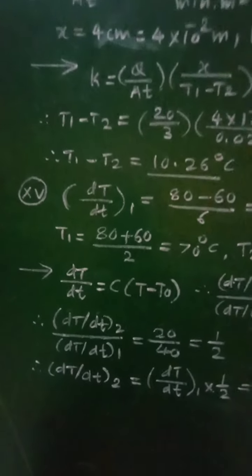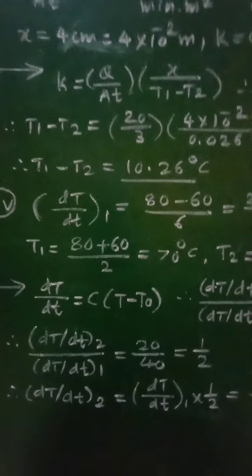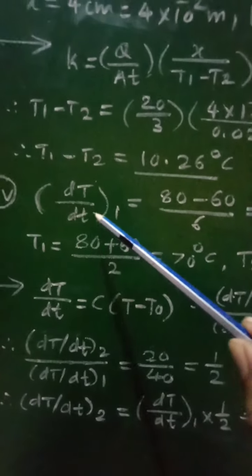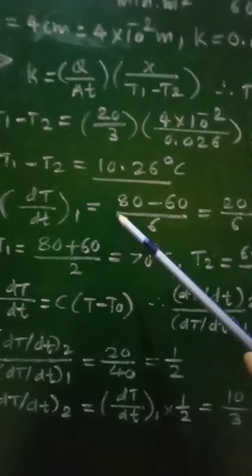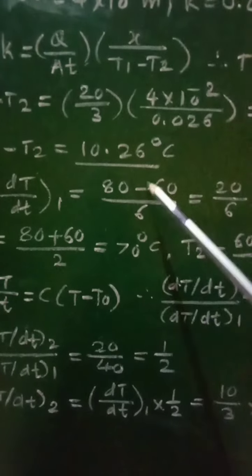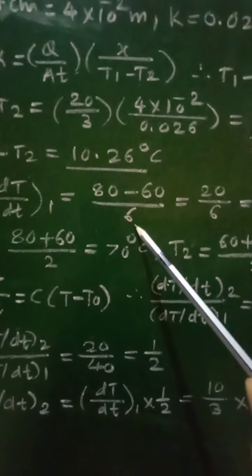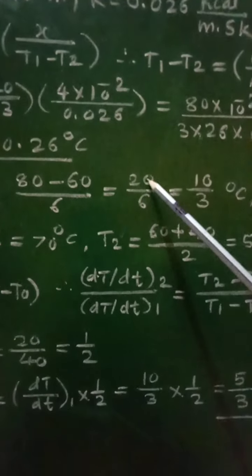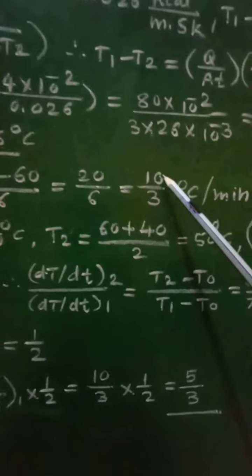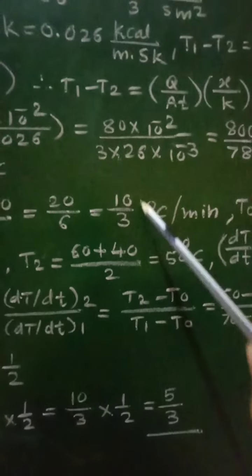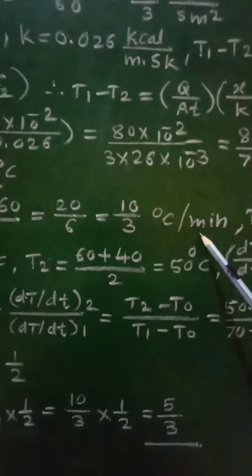For this numerical number 15, the given data is first the cooling rate, that is dT by dt1, calculated as 80 minus 60 upon 6, which comes out to be 20 by 6, that is 10 by 3 degrees Celsius per minute.